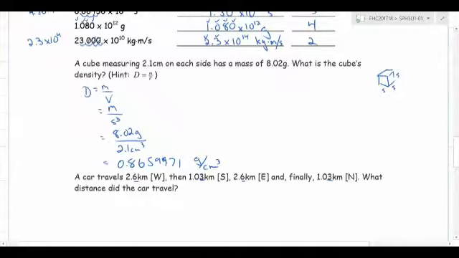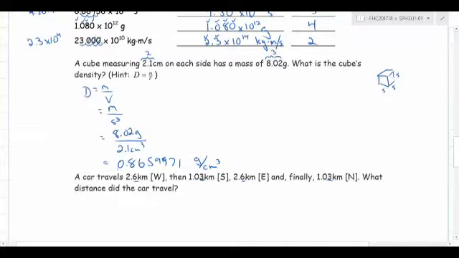But the critical thing here is we're doing sig figs, so we have to look at this and say that when I'm multiplying or dividing, my result can only have as many significant figures as the least significant figures in my measurements. So here I've got 2 sig figs. Here I've got 3 sig figs, so my answer can only have 2.